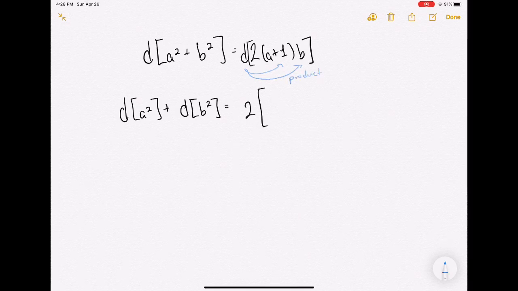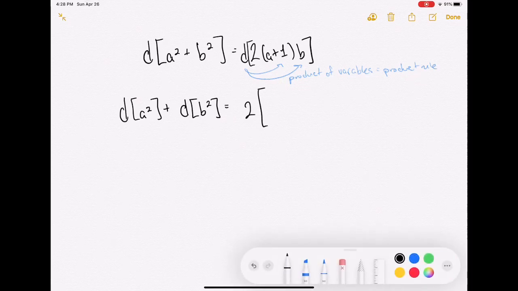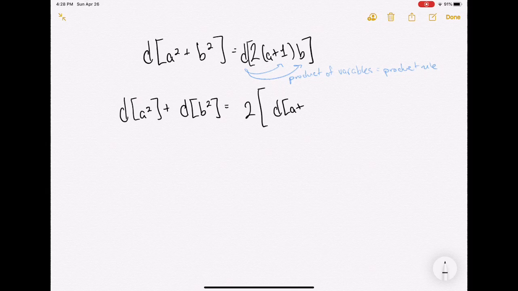It's a product of variables, so we're going to use the product rule. This is d of 2a plus 1, times b, plus 2a plus 1 times db. And those are way too many parentheses, but we're just going to work with it, and then it'll make sense.